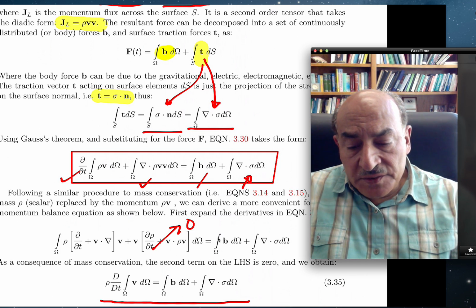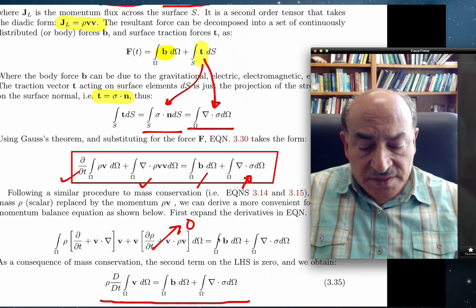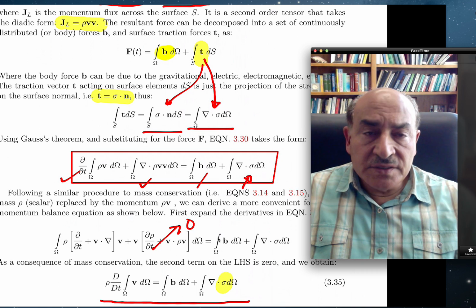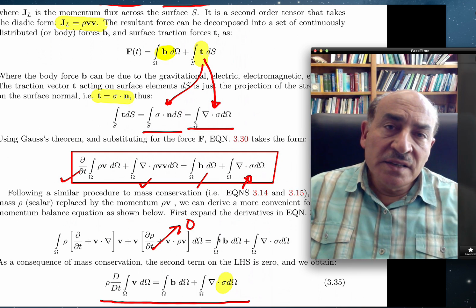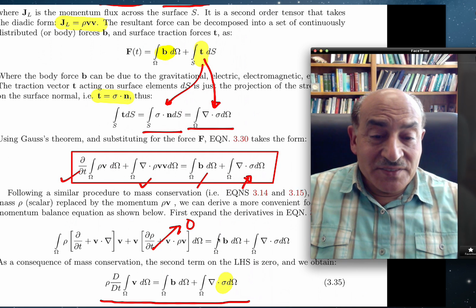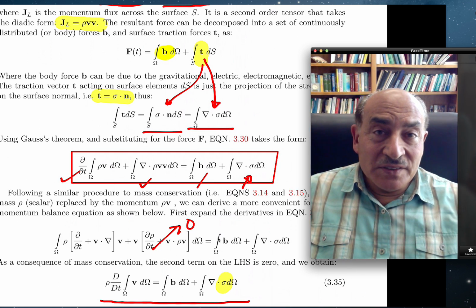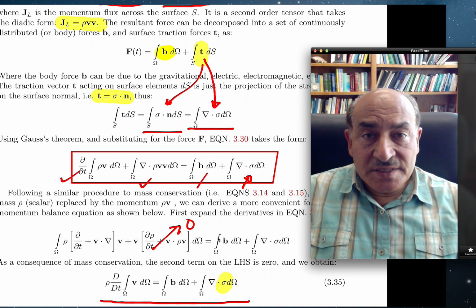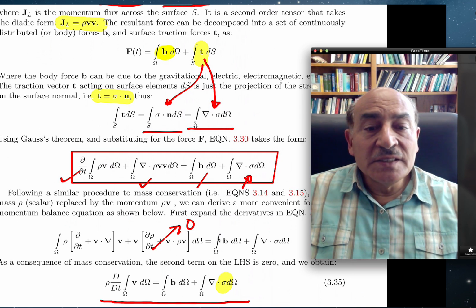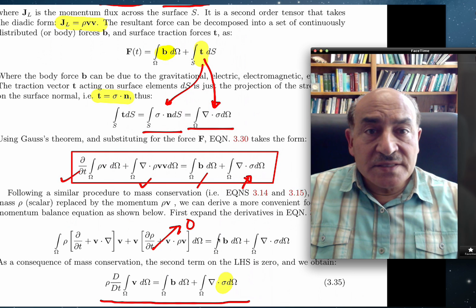Now, the difficulty that remains is that we need to figure out how the stress is related to the velocity, because we want to follow the linear momentum, which is the same as the velocity in a way, but we got stuck with the stress.